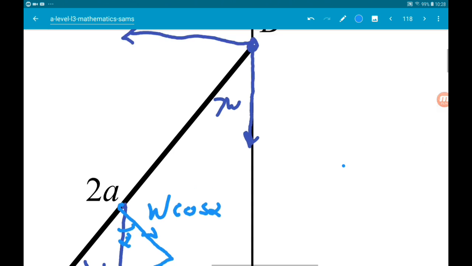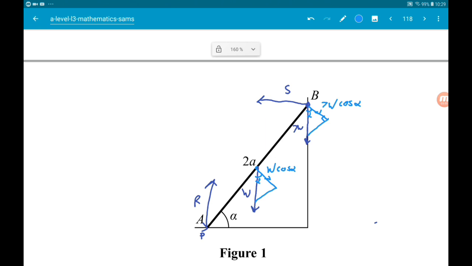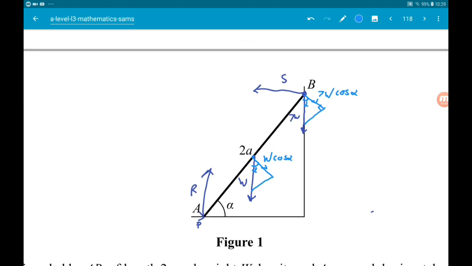Up here, this one is going to be 7W cos alpha. And that's working down into the right. So, if we think about those moments, first of all, they are both going to be working clockwise, so technically they are negative.